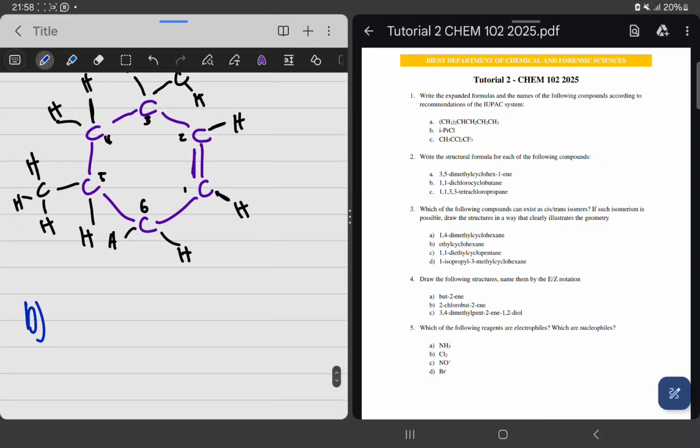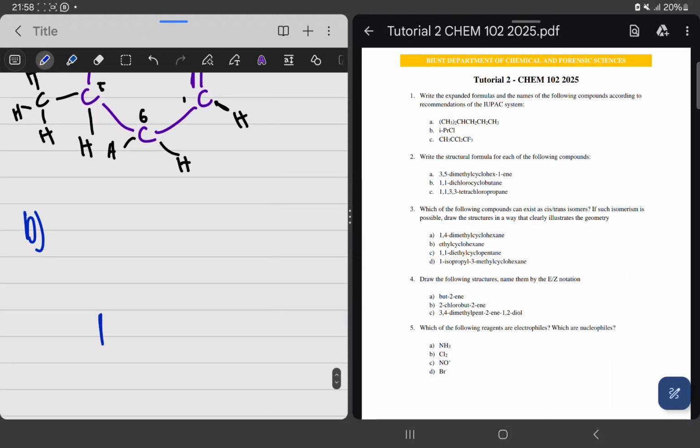So go to part B, and they said 1,1-dichlorocyclobutane. So let's put cyclobutane first. Here's your cyclobutane, right? With 4 sides. Then here they said 1,1-dichloro. So we go on carbon number 1, the one which we call carbon number 1, and we'll put the 2 things.